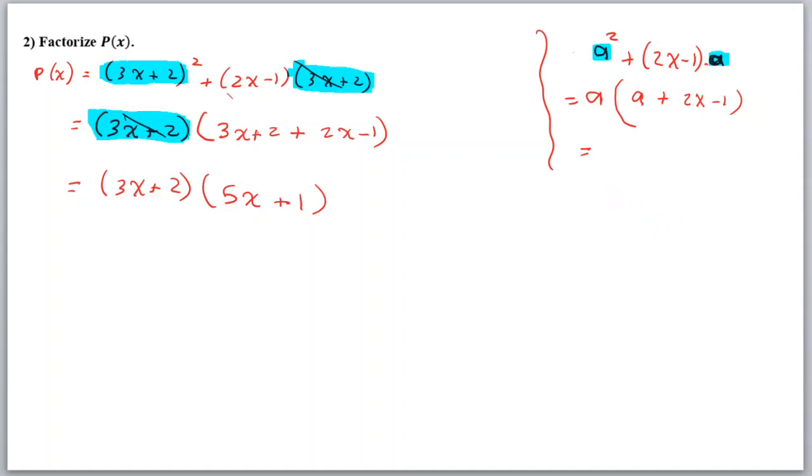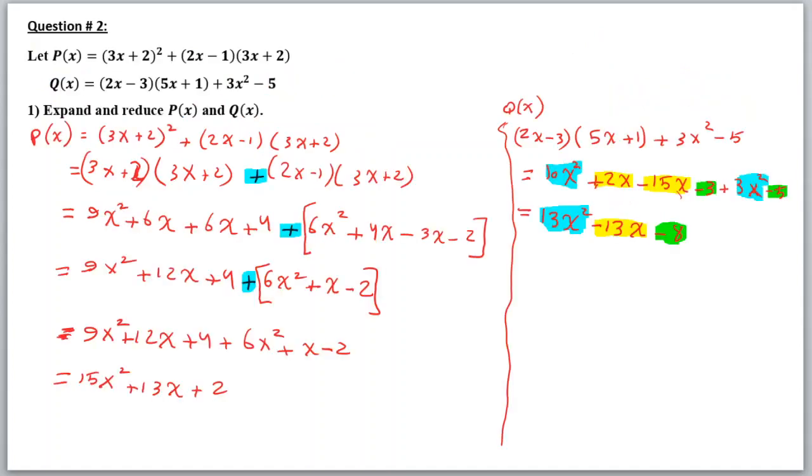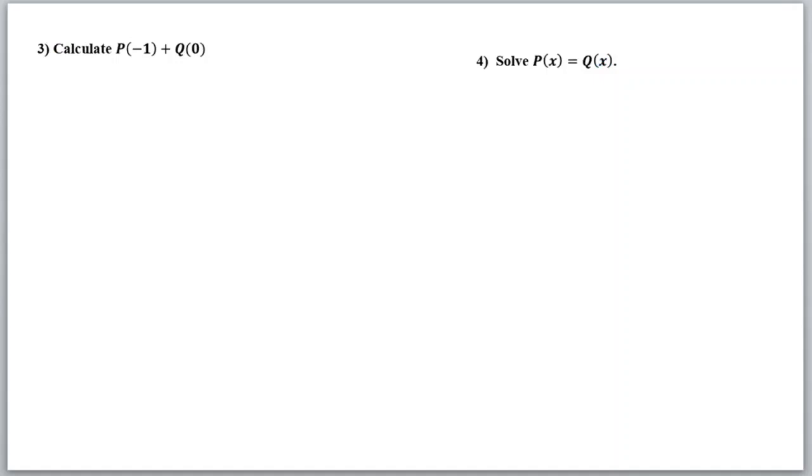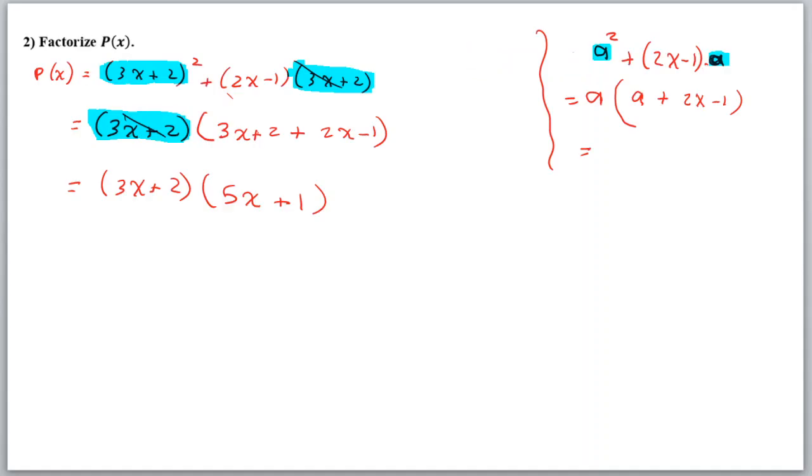Done. Let's take the final part, which is to calculate p of minus 1 plus q of 0. So what should we do here? I should substitute minus 1 in p of x and 0 in q of x. Let me first find p of minus 1.